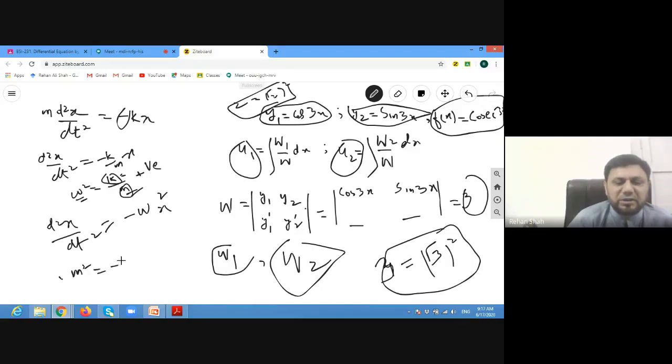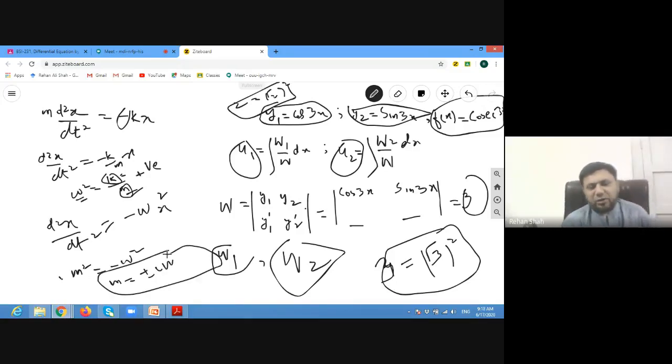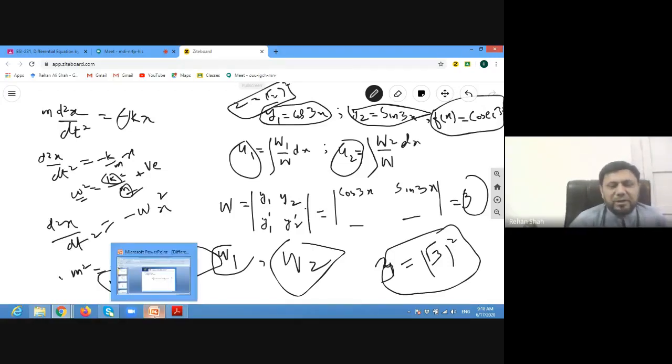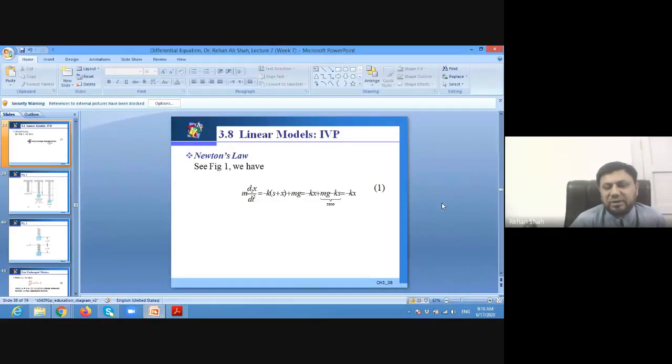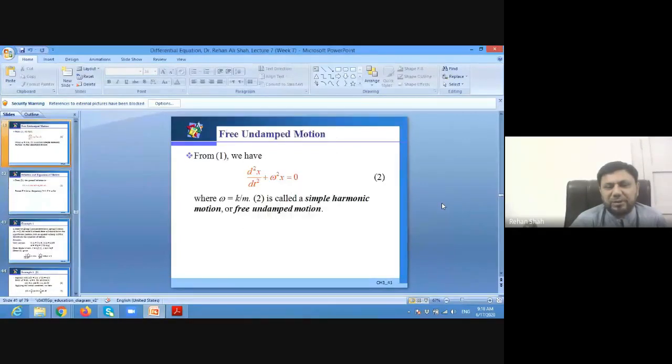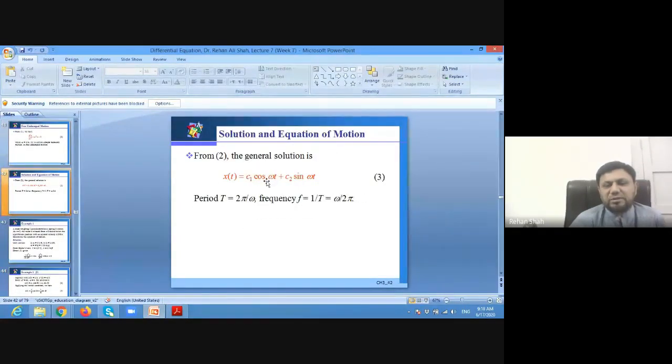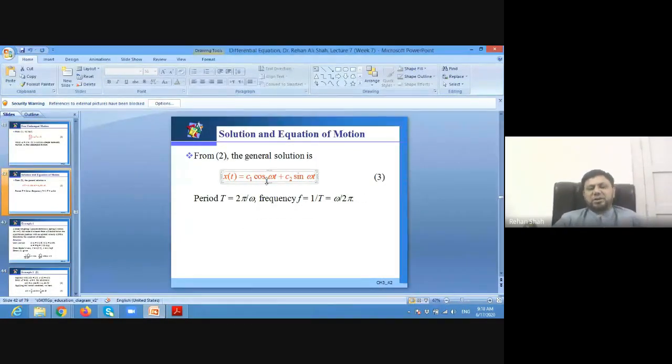This is the characteristic equation. So m is plus minus iota omega. So if you take m equal to plus minus iota omega, the general solution will be c1 cos omega t plus c2 sin omega t. Is this clear?